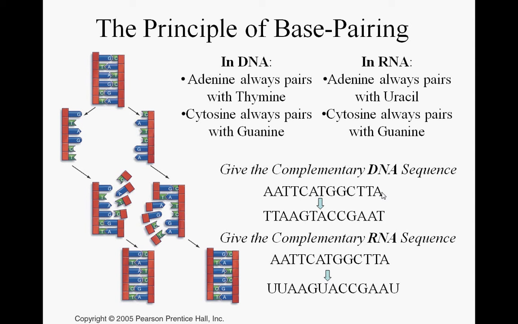With RNA, same concept. If he asked you to give the complementary RNA sequence and there were answer choices with T's in them, you know that T's don't exist in RNA. We have U's instead. So you can eliminate all answer choices that had T's in them.